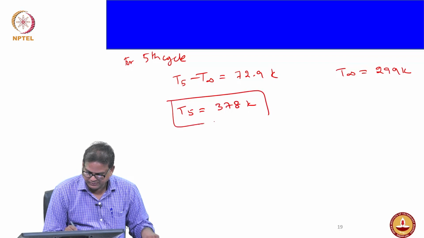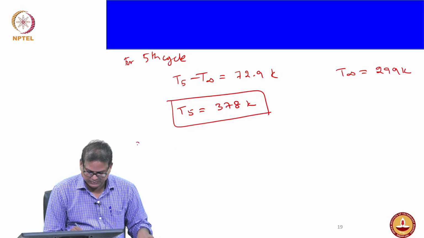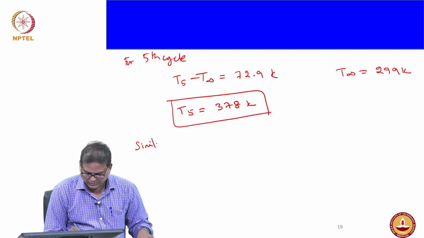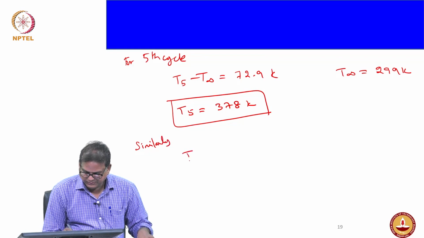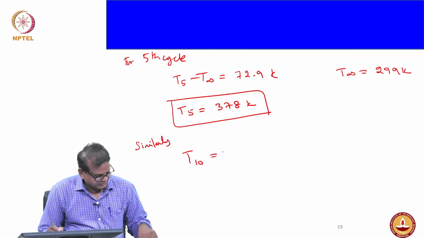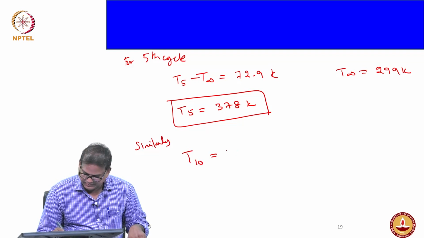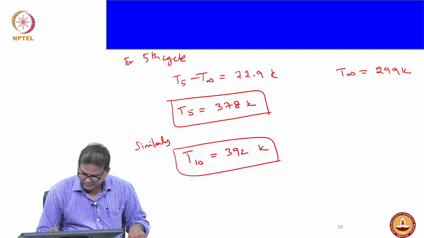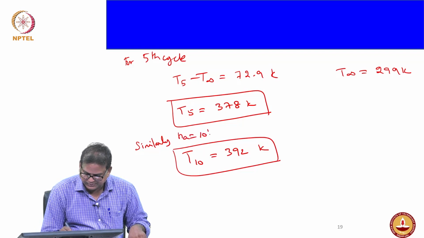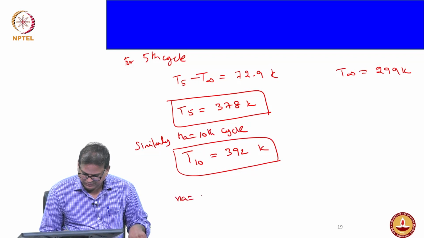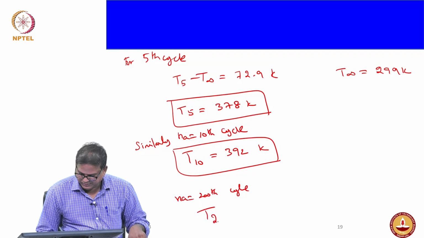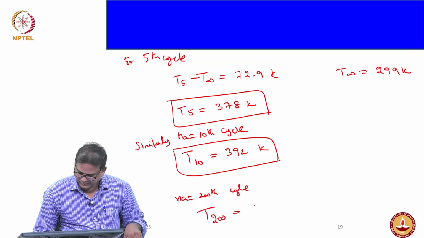Similarly, for T10, the 10th cycle, 392 Kelvin. For NA equal to 200 cycles, T200, if we do that, I am getting 399 K.